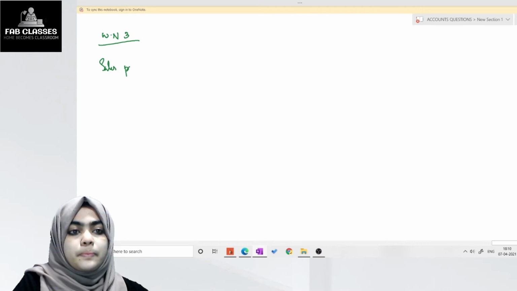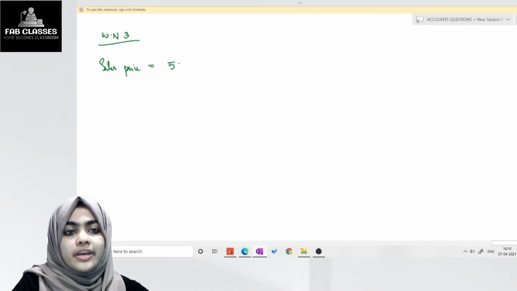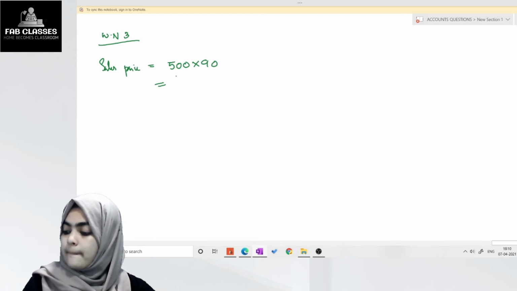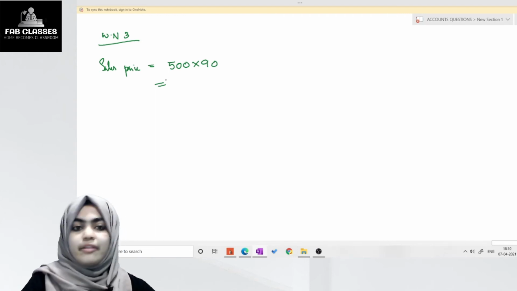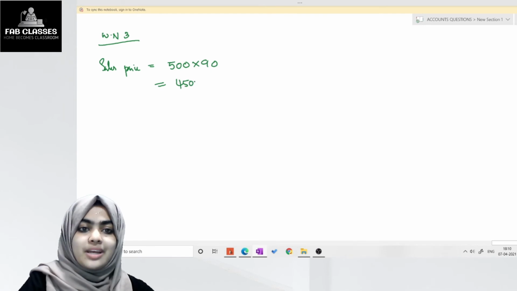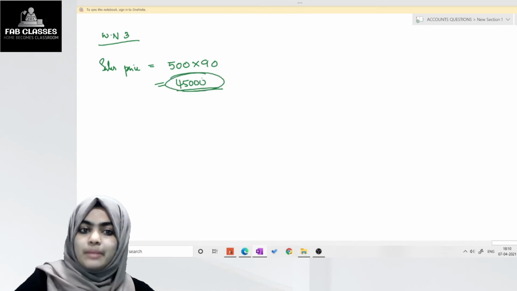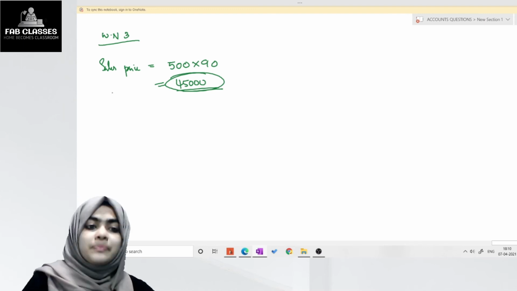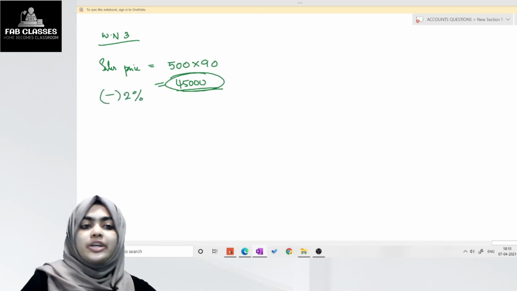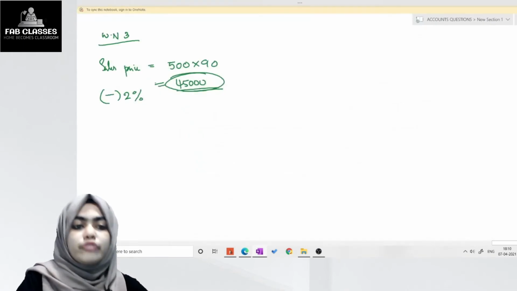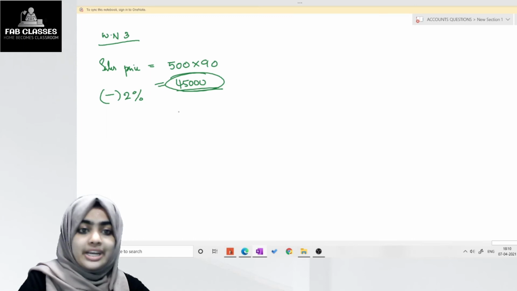Sale price is 500 into 90, that will be 45,000, right? This will be the value which we are getting through sales. From that, we are paying a brokerage at 2%. A selling expense has been incurred, the brokerage of 2%, so we have to deduct it from the selling price.